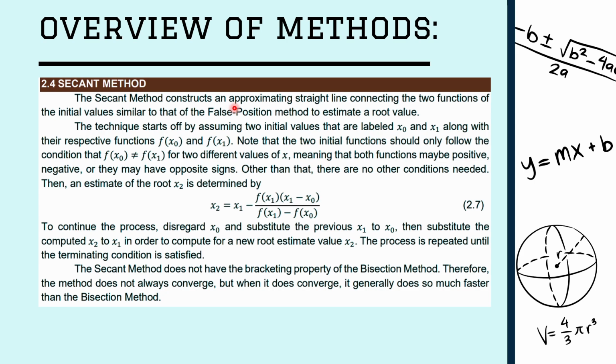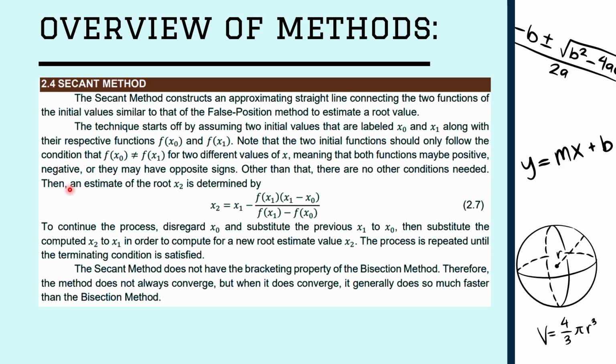Construct the approximate straight line connecting the two function values, similar to that of the false position method, to estimate the root value. Initial values are labeled x sub 0 and x sub 1 along with the respective f of x sub 0 and f of x sub 1.